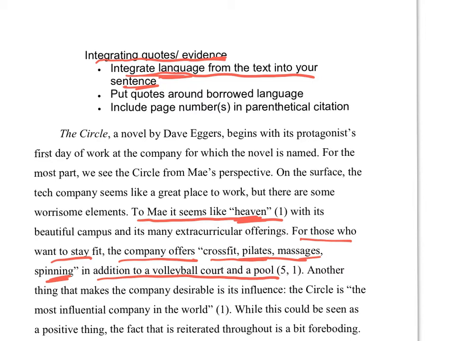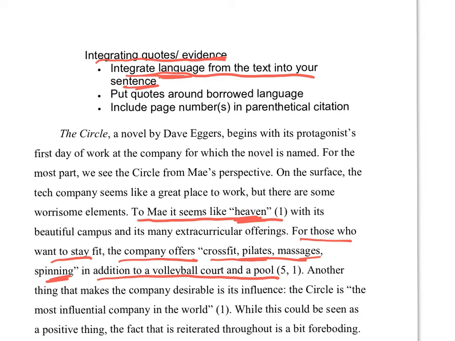So again, it's a good idea if you can do it to try to do some quotes like that. If you have to include a whole sentence, you can do that as well. But especially for the type of writing we're doing right now, smaller, shorter quotes are going to be better for our purposes.